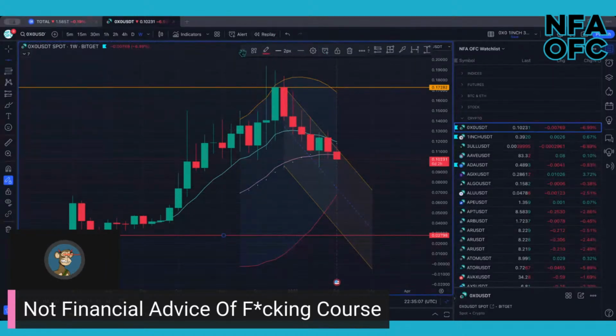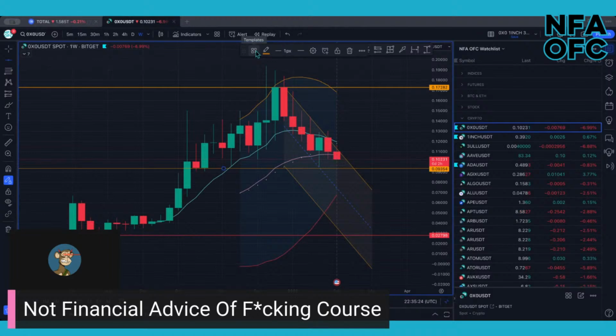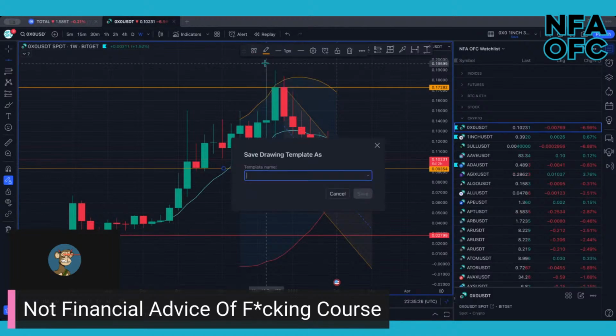All right, so let's get back to some support and resistance. I'm going to go where the price action is currently. We call that a weekly horizontal.